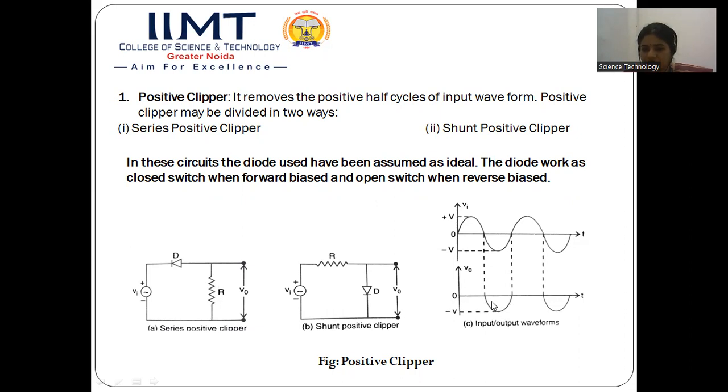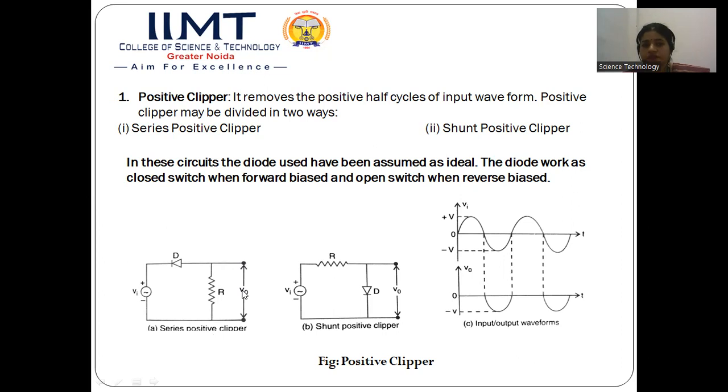This is the output and input waveform. So we can see clearly from the series positive clipper that during the positive half cycle, the positive part has been clipped or removed, but the negative half cycle of the input waveform is reproduced in the output waveform. Right.